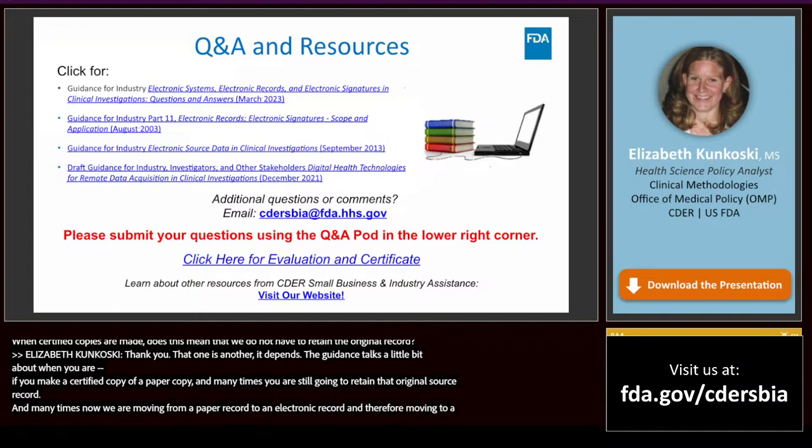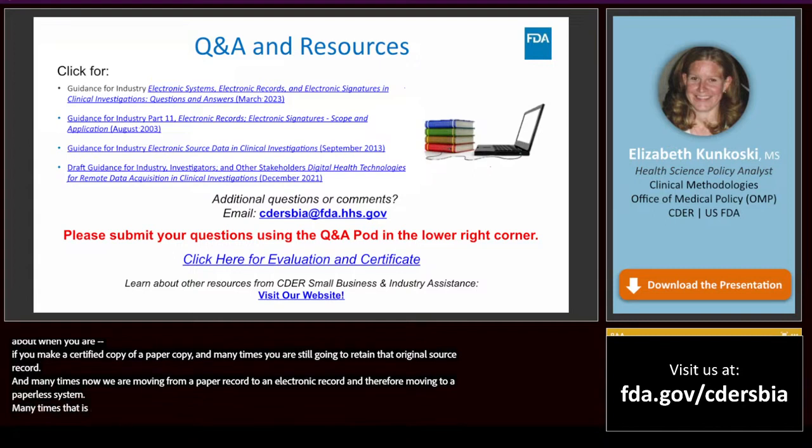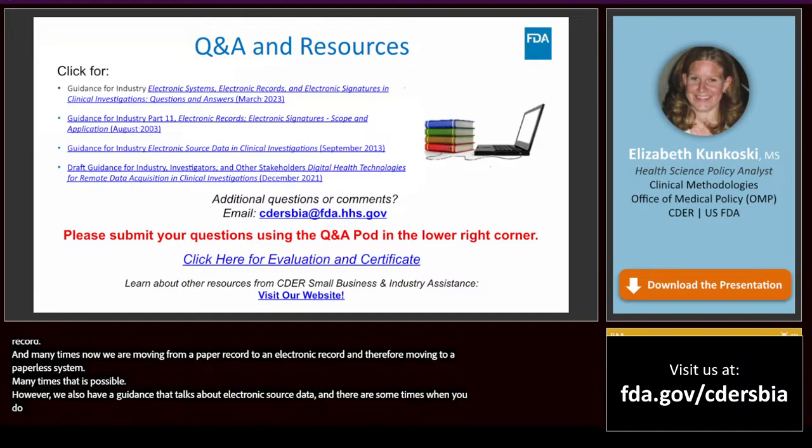Many times that is possible. However, we also have a guidance that talks about electronic source data. And there are some times when you do want to retain that original paper source data record. So it does depend in what context you are moving from a paperless to electronic system.